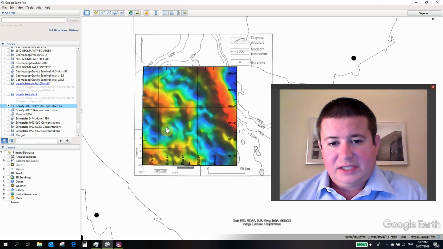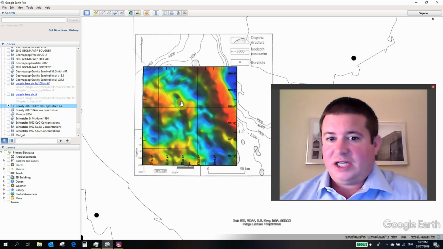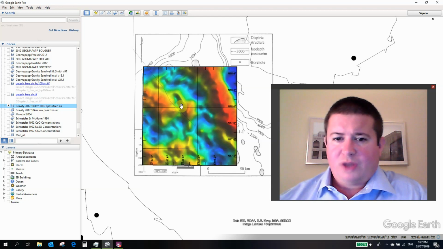I start to see a circular feature here. Maybe I just have a vivid imagination, but I'm seeing the start of a circular pattern. I'm wondering if we're picking up something a bit larger, capturing a slumping area around a central circular crater.